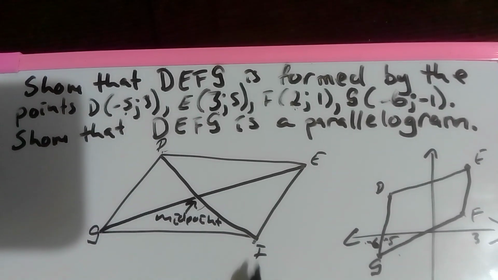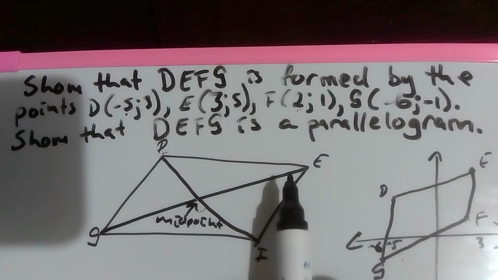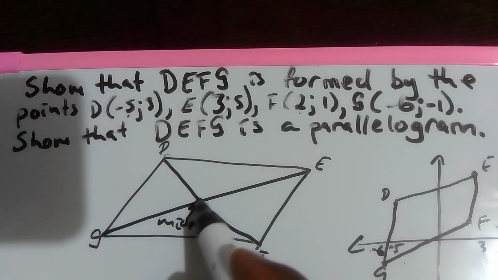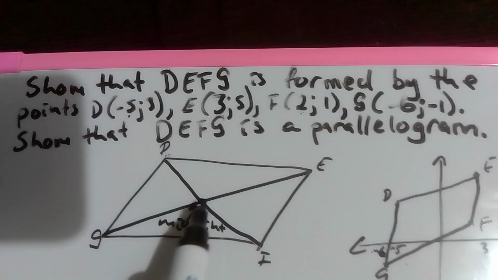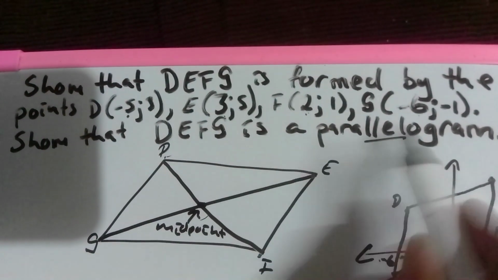So when we calculate the midpoint of line DF and line GE, they've got a common midpoint. We must get the same coordinates. If we get the same coordinates, then we know that it's a parallelogram.